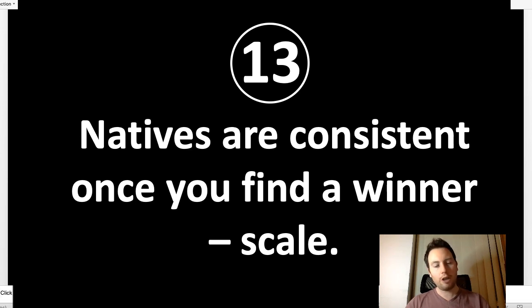So there are the 13 different tips that I've outlined here. But I think the most important thing that you need to realize is spending money and building your data is ultimately what will lead to the success in natives. I'm still learning as I go.